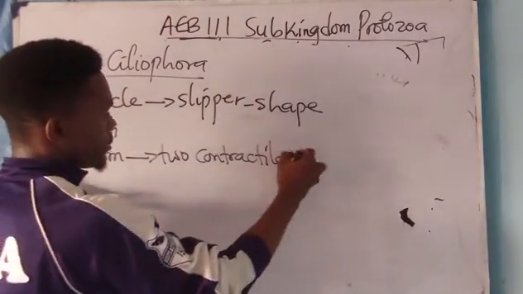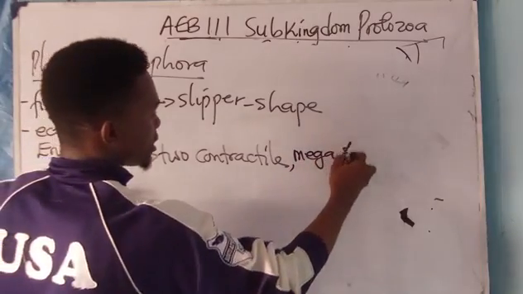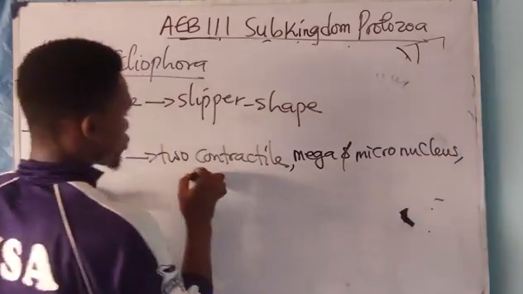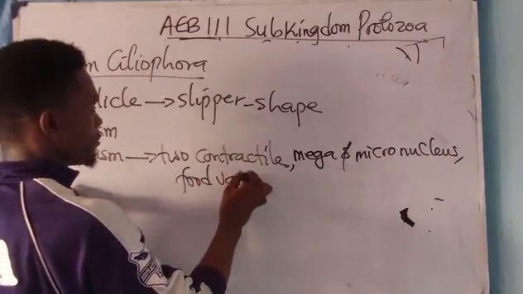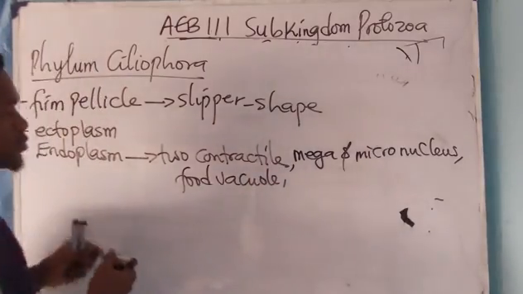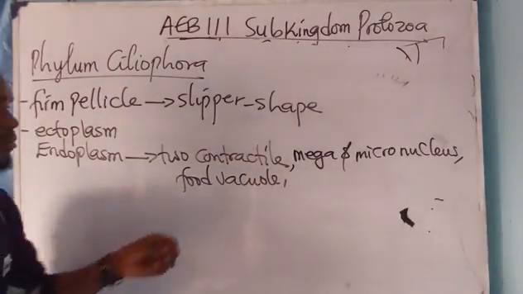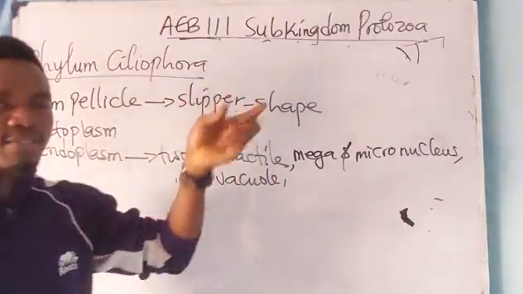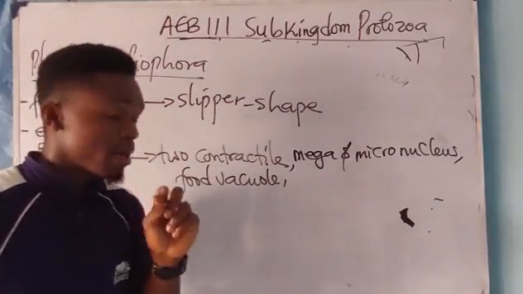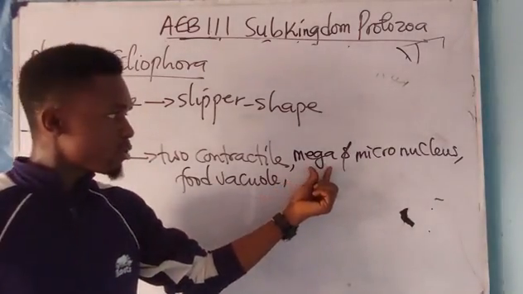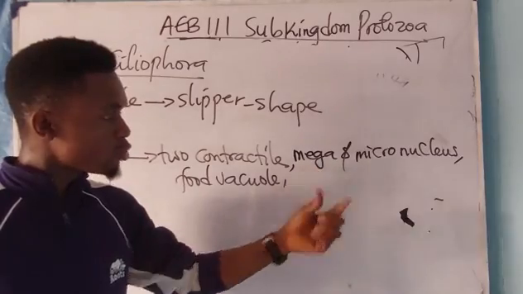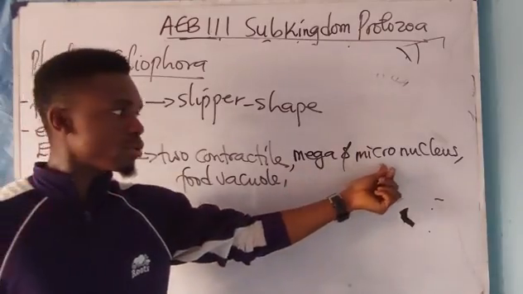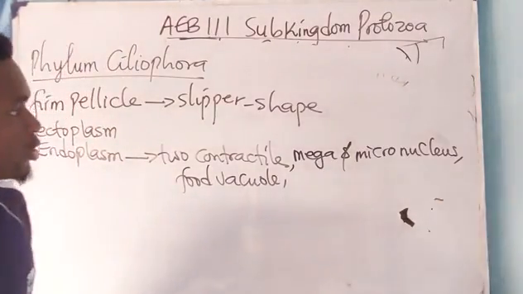You have the mega and micro nucleus. That's where you also have the food vacuole. The mega nucleus found in the Paramecium controls all activities apart from sexual reproduction, while the micronucleus controls sexual reproduction.